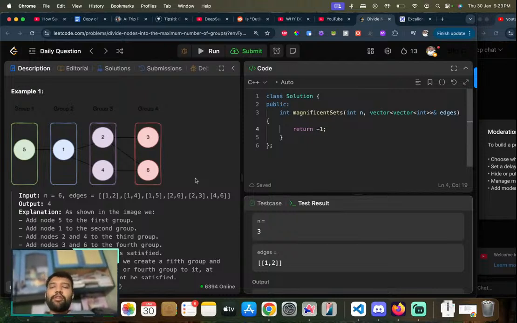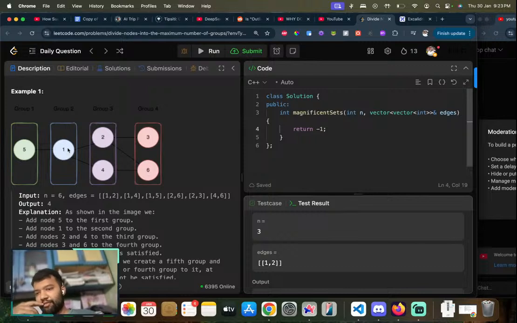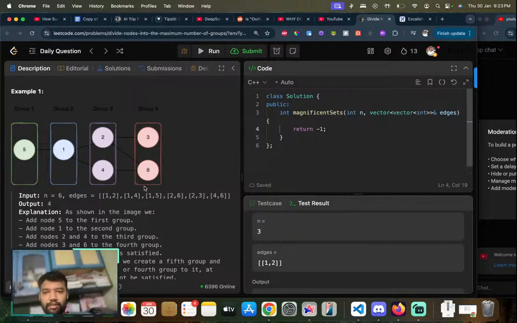If there was only one group, then if we do a BFS from 1, then 5, 4, 2 will be in another group, and then 6, 3 will be in the later group. Now we do a BFS from 5, I guess.